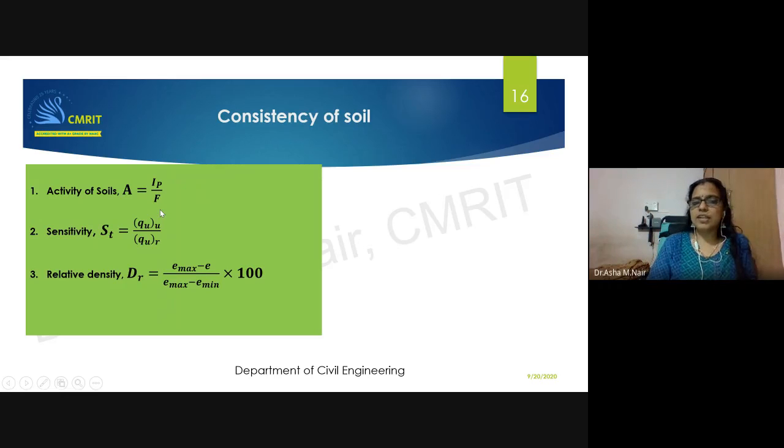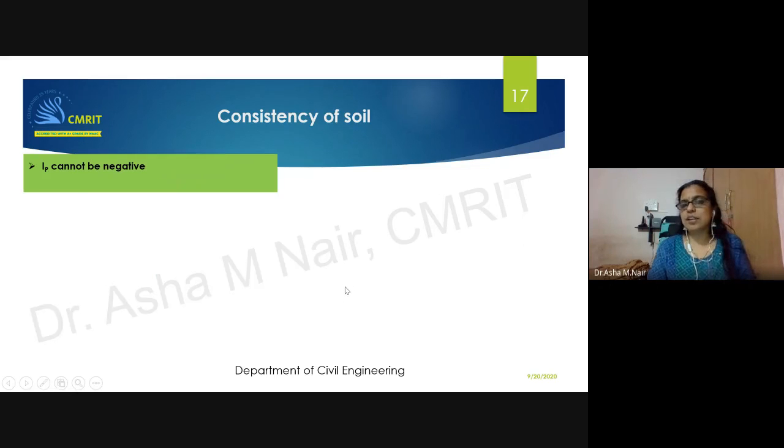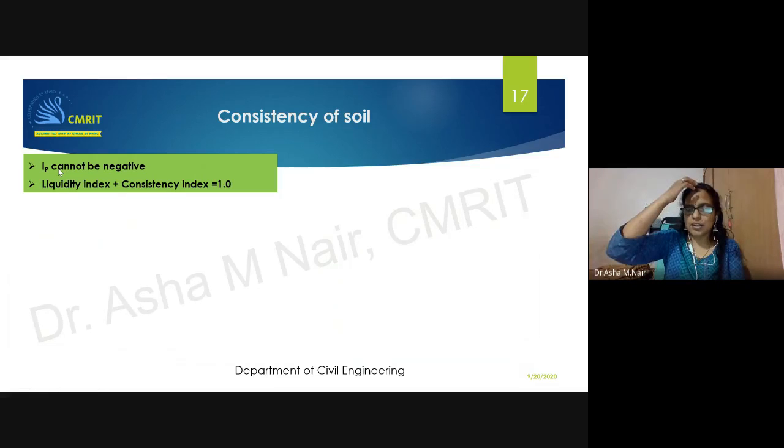Okay. Relative density, Emax minus... Oh, today we didn't get a problem. This is also very, very important from the GATE examination. Again, next class I will be telling. Then relative density in terms of dry density. IP cannot be negative. Okay. We got a question wherein IP also was not IP, it was IL that was negative, right? So we had a question based on that. So liquidity index plus consistency index is equal to 1.